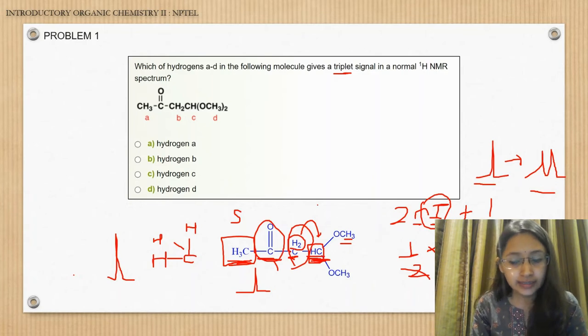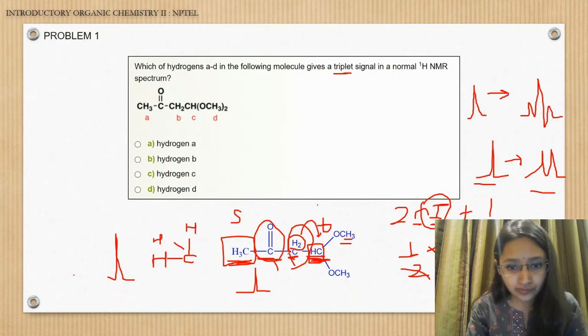Then according to the n plus 1 rule, 2 plus 1 is going to give you 3. That is a triplet signal. So for the CH, this one signal is split into a triplet because of this CH2.